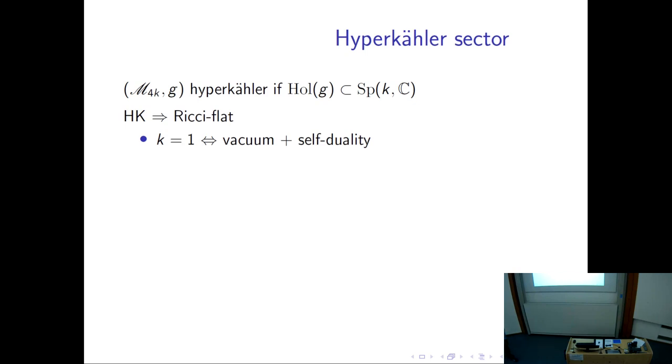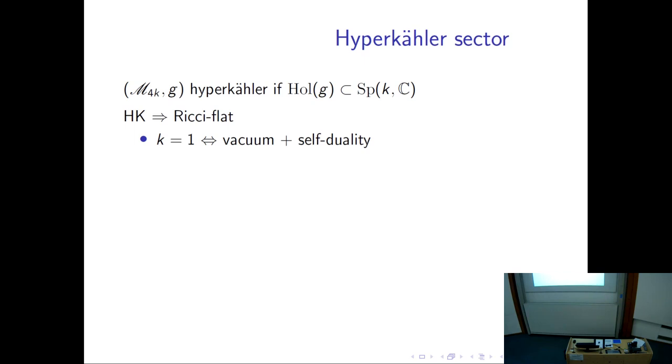So if I have a manifold, let's say a complexified Riemannian manifold whose complex dimension is 4k, with some holomorphic metric g, we say that this manifold is hyperkähler if the holonomy of the metric is contained in the symplectic group Sp(k). All right, and that implies that the metric is a solution of the vacuum Einstein equation.